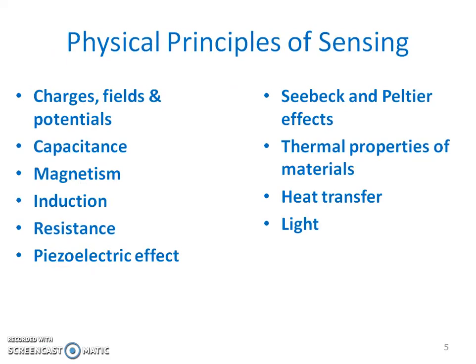So in a particular sensor, there might be different kinds of properties we can use: charge, fields or potential differences, capacitance, magnetism, induction, resistance, piezoelectric effect, Seebeck and Peltier effect, thermal properties of a material, heat transfer or light.